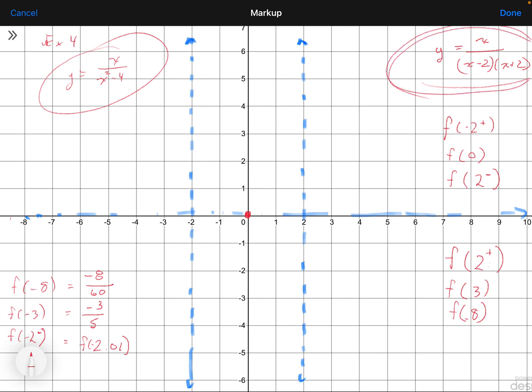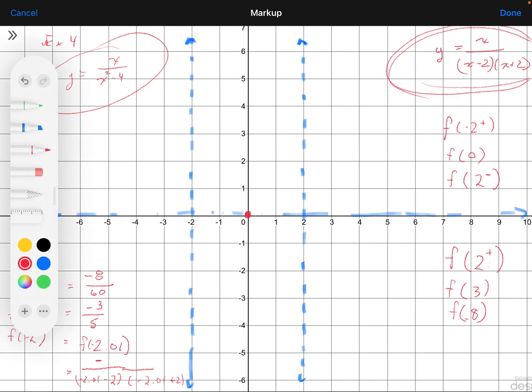Now, it might be helpful if you take a look at your factored form. If the x value is -2.01, your numerator will be negative. And then if you look at your individual factors, we have -2.01 minus 2, and then -2.01 plus 2. Now, what we're able to see is that the numerator is negative.